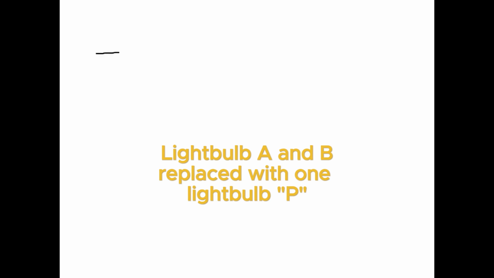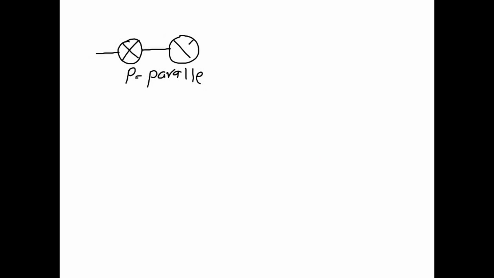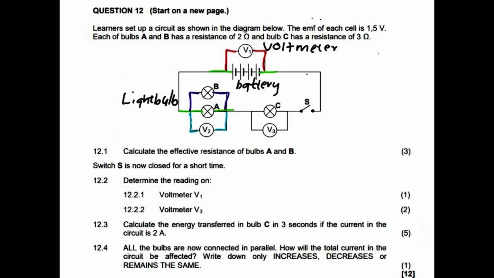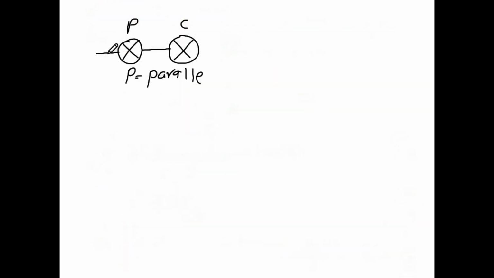So I want to replace light bulb A and B with another light bulb P. P for parallel. And if I do that, next to this light bulb P, I would have light bulb C. So PC. You can agree. So I've replaced these two light bulbs A and B with a single light bulb P for the parallel connection.